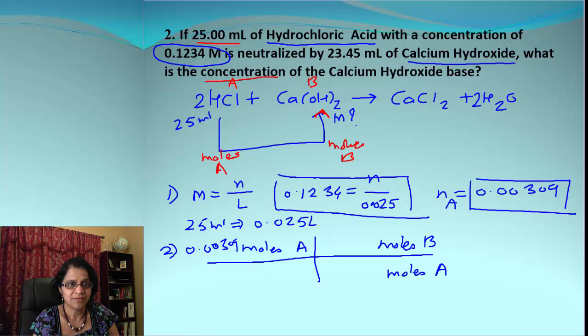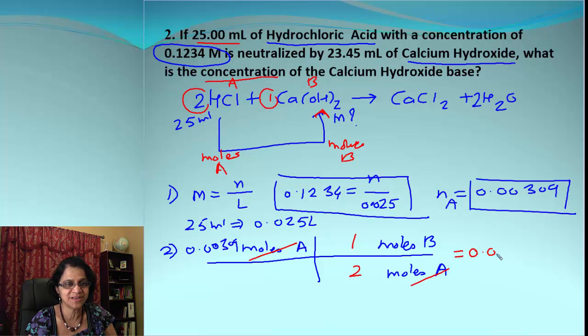And then we get these two values from the coefficients in the reaction. For A, HCl, the coefficient is 2, and for B, it is 1. So what do we get? We get our answer as 0.00154. Now these are moles of B.